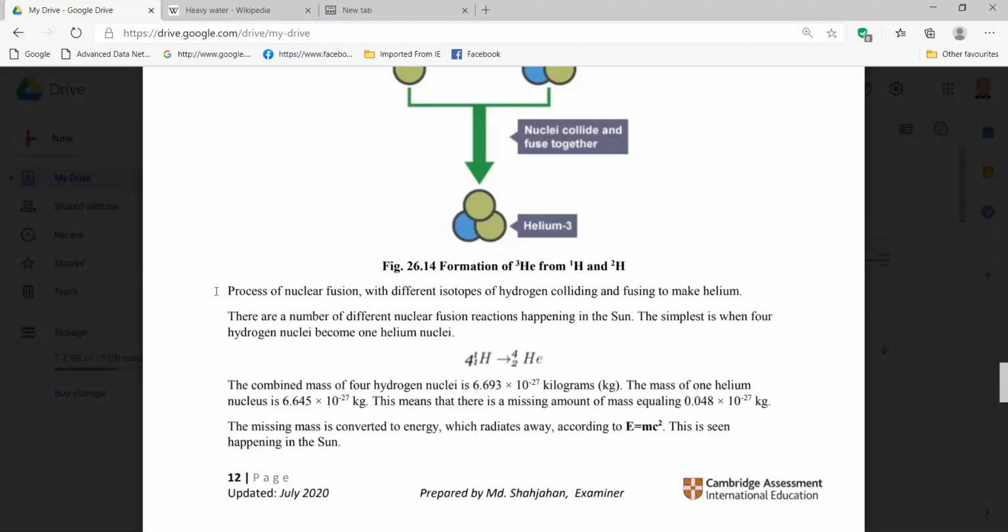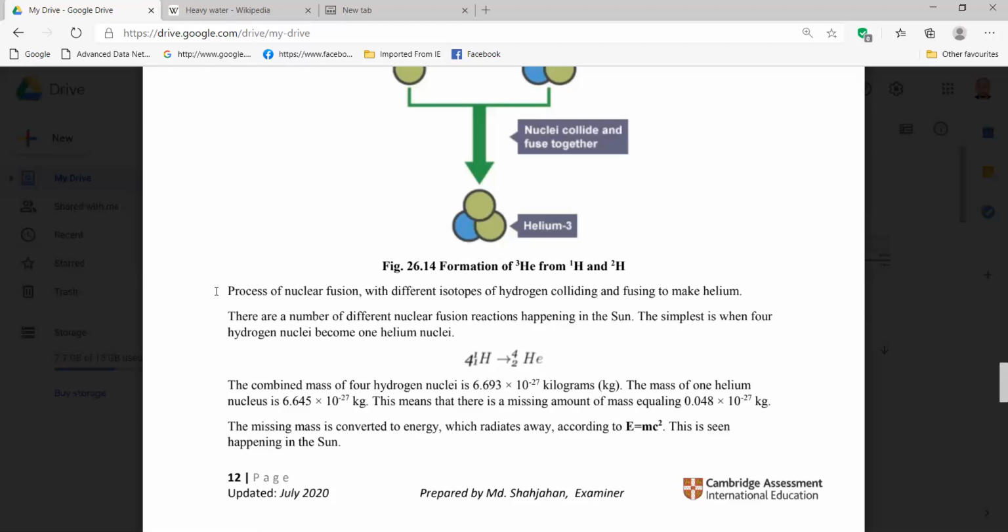The light energy and heat energy we get follow the equation E = mc², where m is the mass we got as the difference between the product and supply. That mass, multiplied by the speed of light squared, gives us energy. This energy comes out as heat energy and light energy.